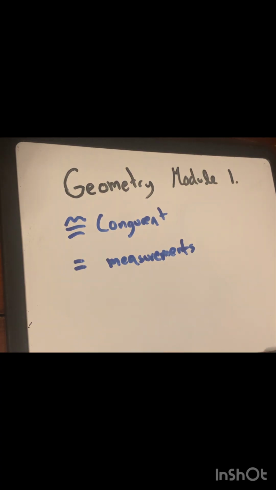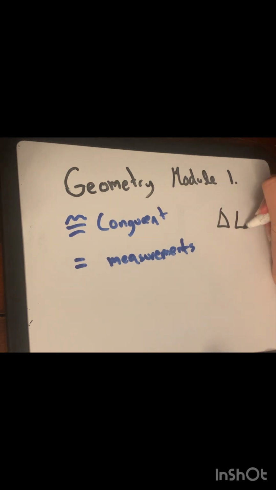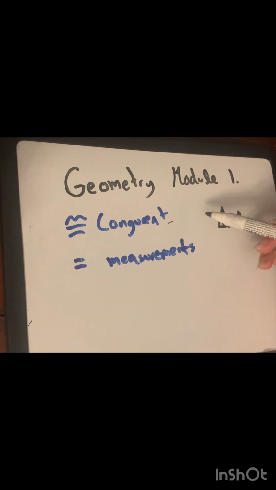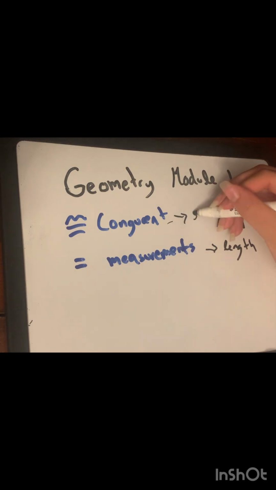Now what do I mean by that? So if you have two triangles, and they're exactly the same, in sides, in angles, what would it be, congruent or measurements? It would be both. Congruent means the same in shape and size. So these triangles are congruent in shape and size. And then for equal, these triangles are equal in length. Okay, so congruent is shape and size.